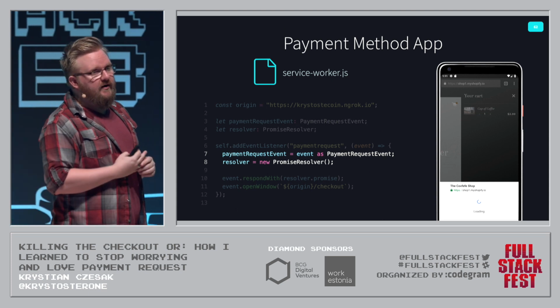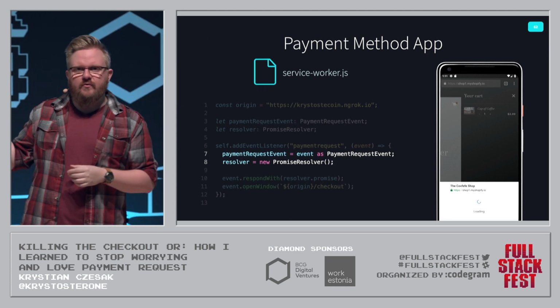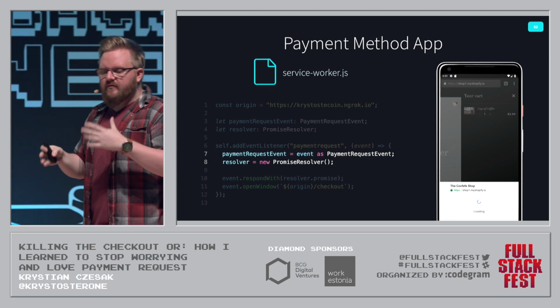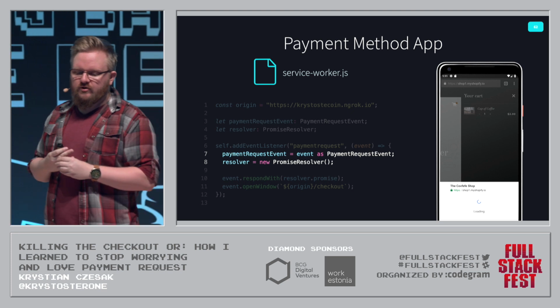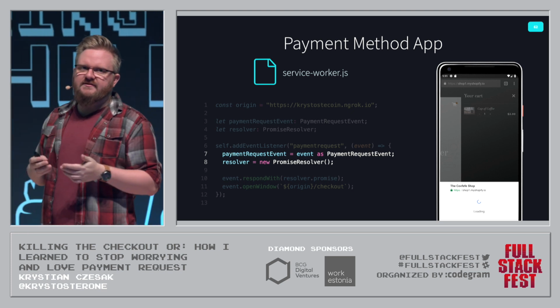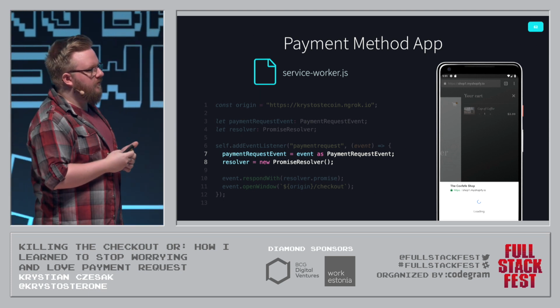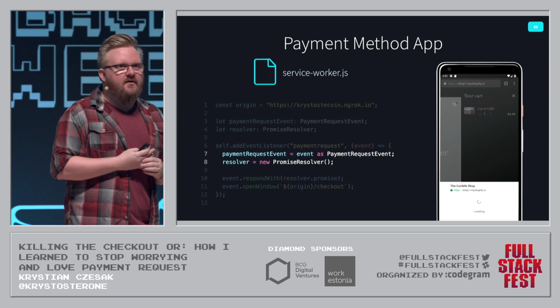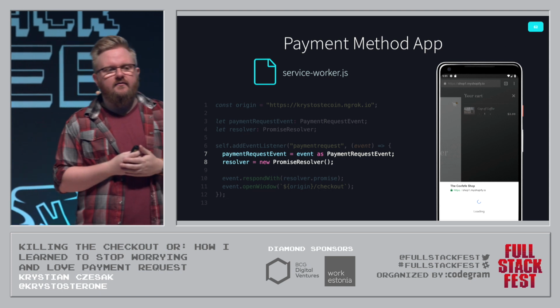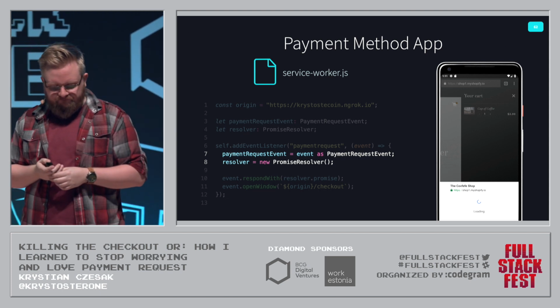I'll get into details why afterwards. And then create something we call the resolver. Think of a resolver as an interface to control the state and the result value of a promise. So on a promise resolver, you could access the underlying promise and then call methods like reject and resolve on the promise resolver.